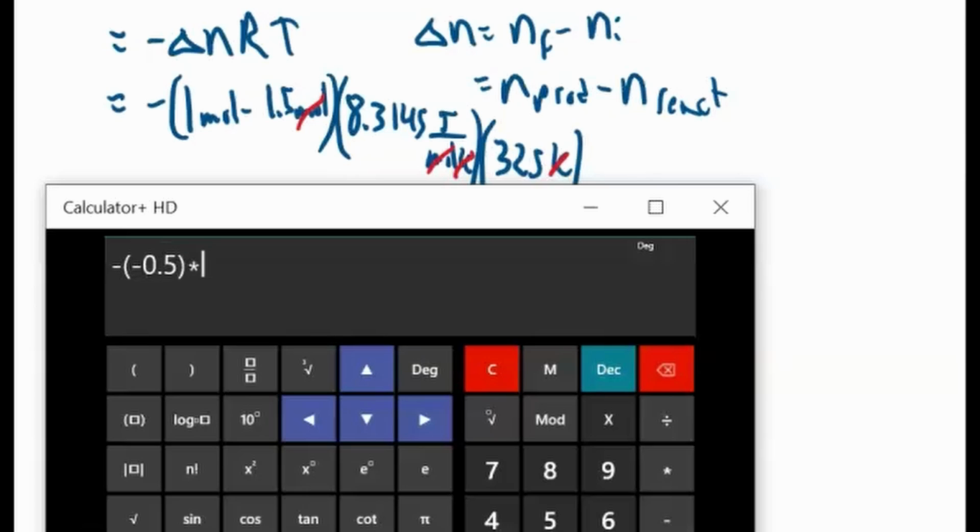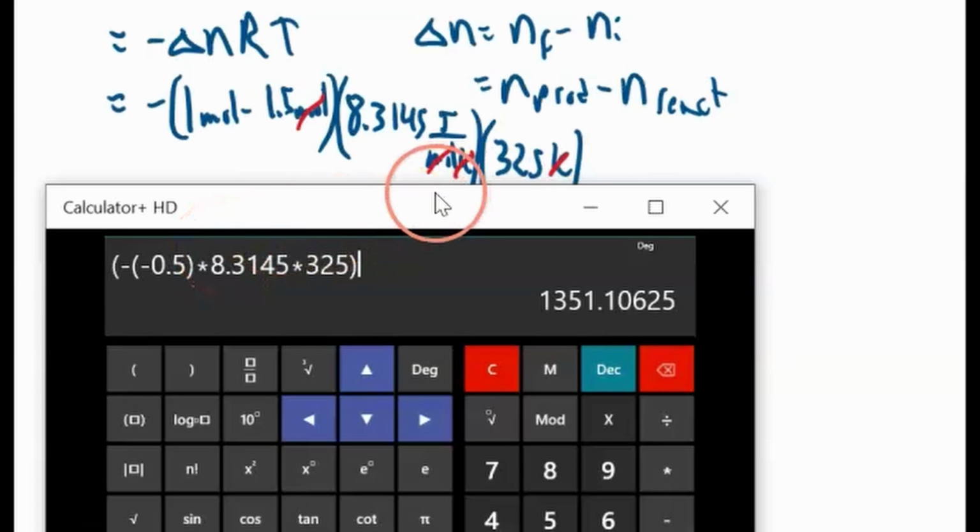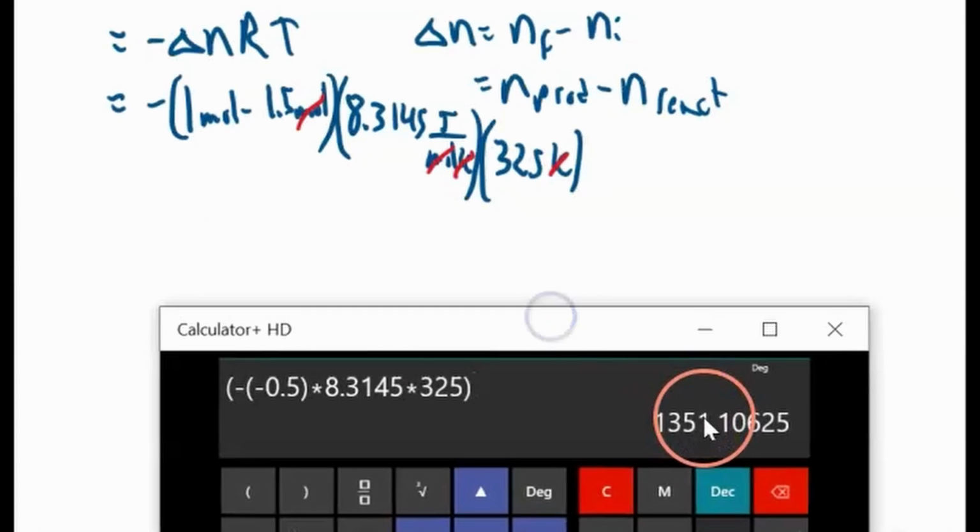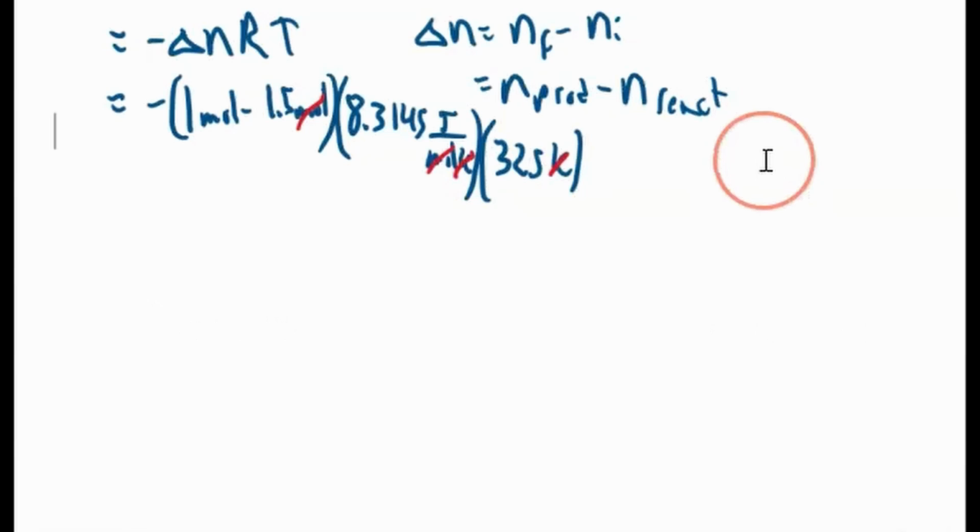It's not too hard to do in my head, times 8.3145 times 325. Does that look good? I think that's good. Okay, so 1351.1, 1351.1 joules.